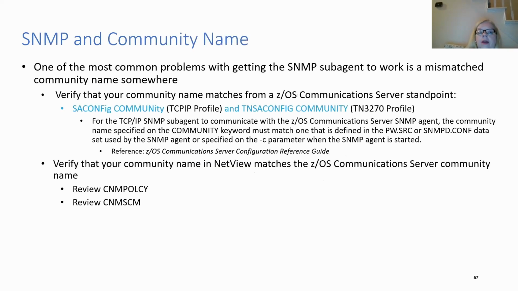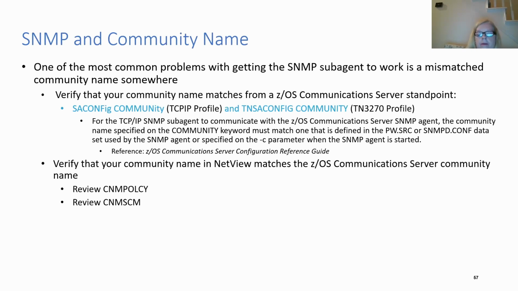Okay, for those functions that require SNMP, you've got to get the community name matched between Communications Server and NetView. And that's the most common problem we see, is those don't match. So from a Communications Server standpoint, in your TCP/IP profile, it's SACONFIG COMMUNITY, and then you specify your name, or in your TN3270 profile, it's TNSACONFIG COMMUNITY.